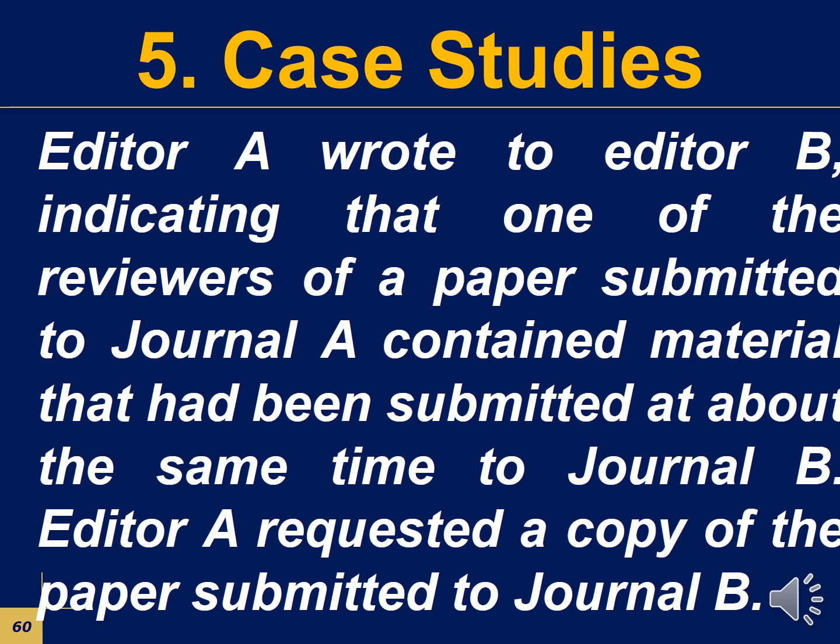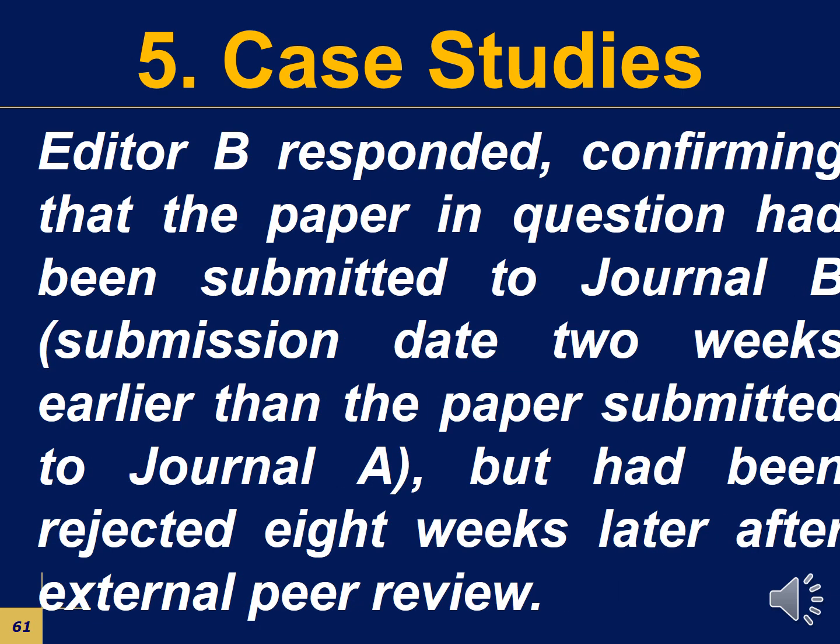Editor A wrote to editor B indicating that one of the reviewers of the paper submitted to journal A contained material that had been submitted at about the same time to journal B. Editor A requested a copy of the paper submitted to journal B. Journal B responded confirming that the paper in question had been submitted to journal B, two weeks earlier than the paper submitted to journal A, but had been rejected eight weeks later after external peer review. It means journal B has rejected that paper.